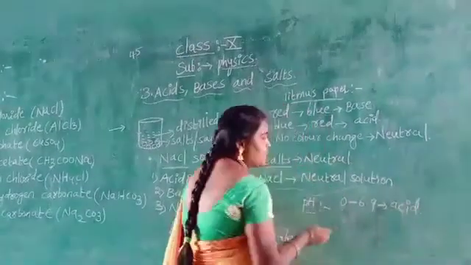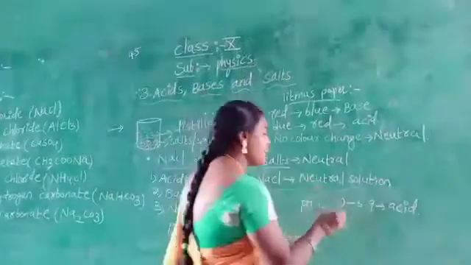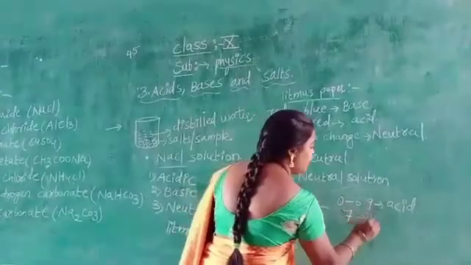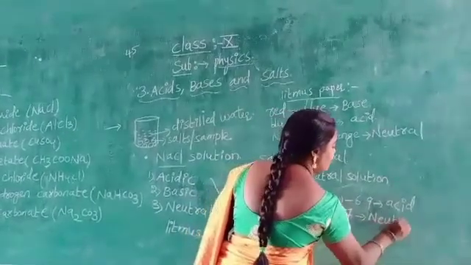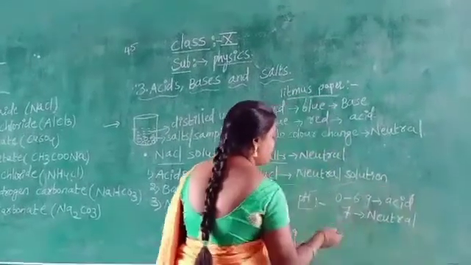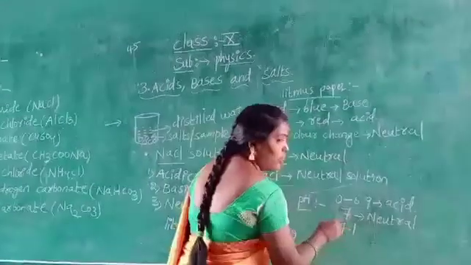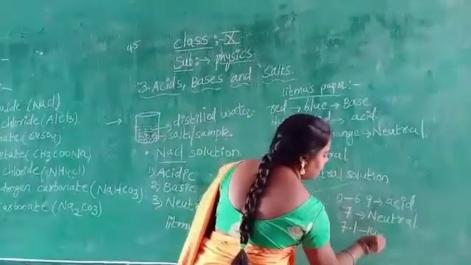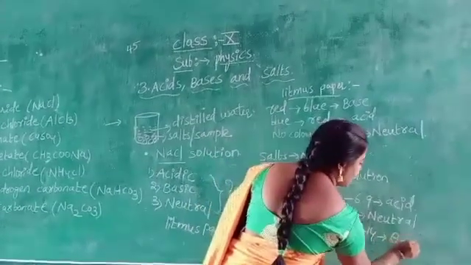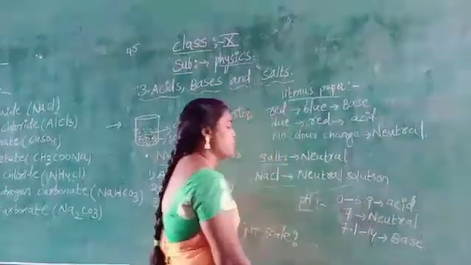If the pH scale shows exactly 7, that is a neutral solution. If the pH scale shows a reading between 7.1 and 14, that is a basic solution.